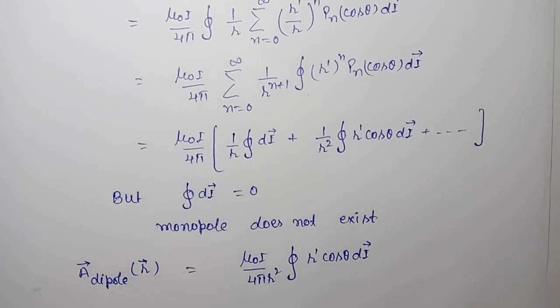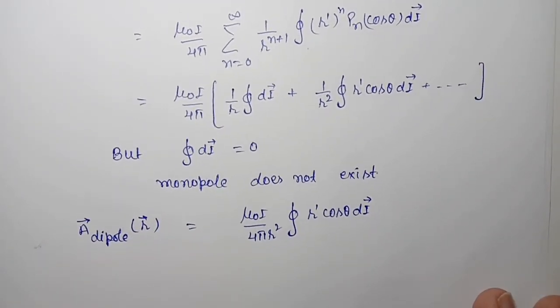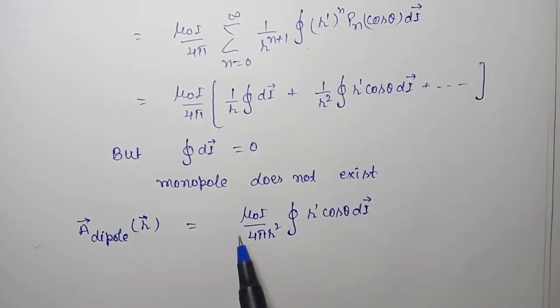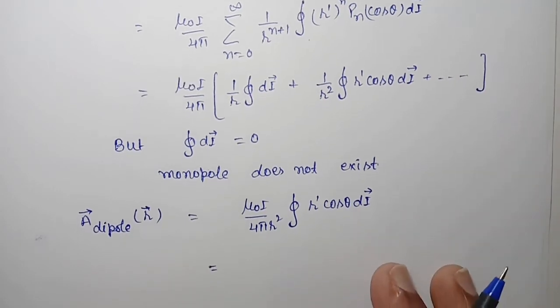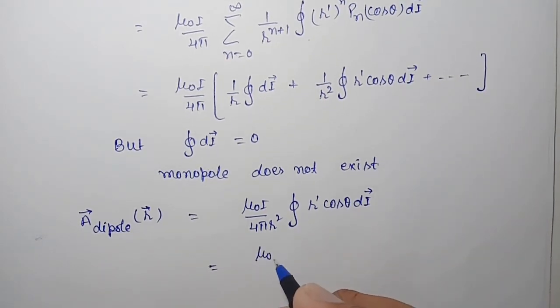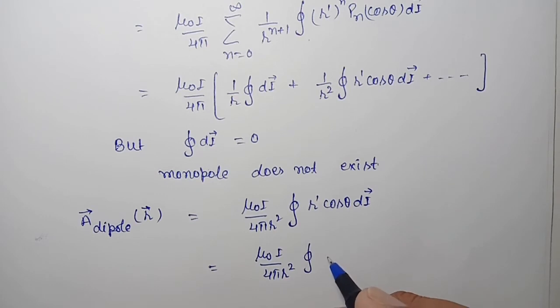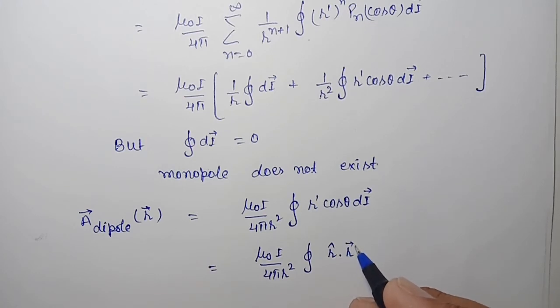In this case we consider only the vector potential due to dipole, that is mu naught I over 4 pi r squared, r dash cos theta dl. Then we can write it like this: mu naught I over 4 pi r squared, r cap dot r dash dl.